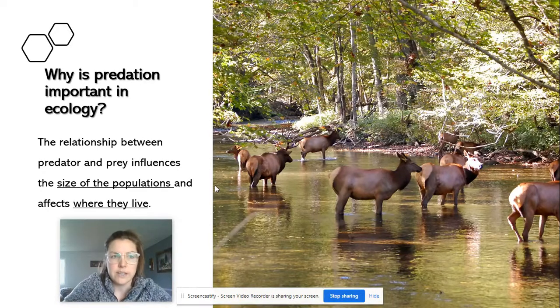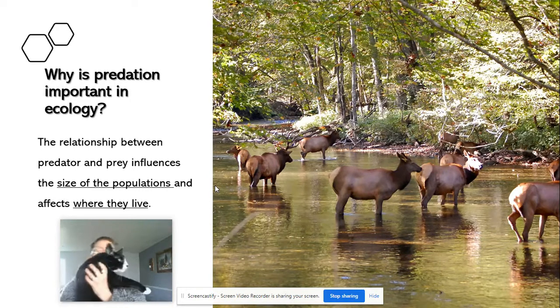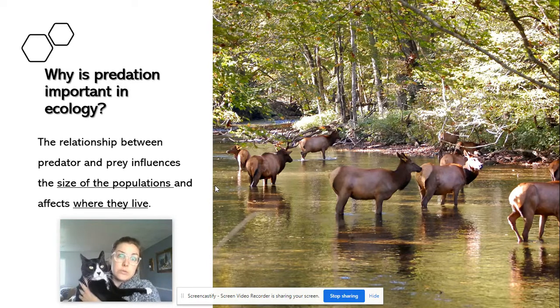Another example of predator and prey relationships and how they influence each other would be elk, specifically in Yellowstone. We will get into that more a little bit later, but it's a really cool story. What we'll talk about right now is just how it affected where the elk lived.